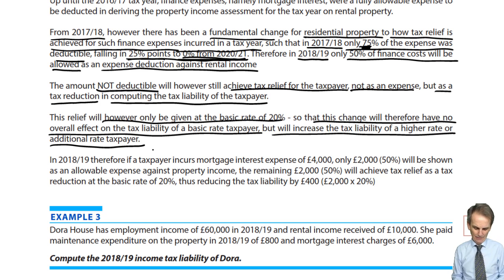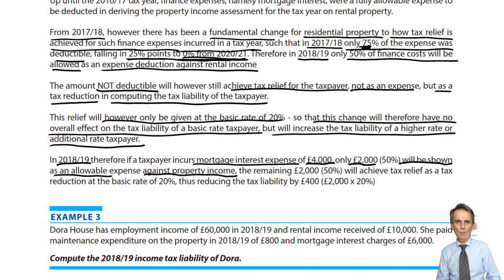But what's going to happen therefore, as an example, in 2018-19, if you were told that you'd incurred mortgage interest, your loan on a property, mortgage interest expense of £4,000 was paid. In 2018-19, only 50%, £2,000, of that will be shown as an allowable expense to set against the property income received.